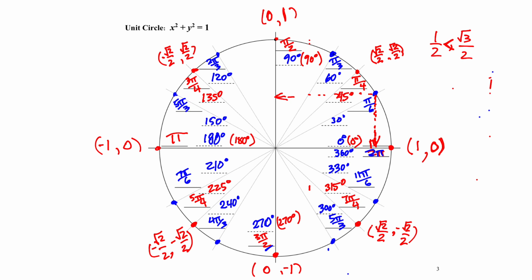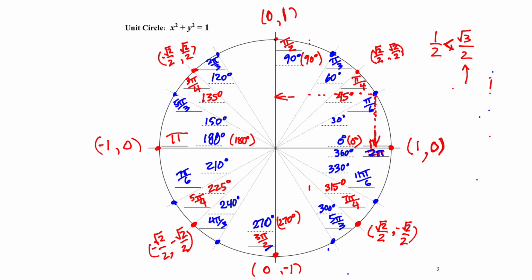And with each of these, you can use this as a visual way of remembering what goes where. Which one has the 1/2, which one has the root 3 over 2. Root 3 over 2 is the bigger number, because instead of 1, it has a root 3 on top. And root 3 is larger than 1.